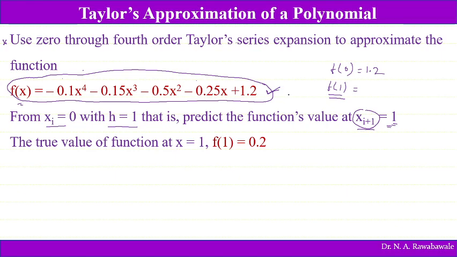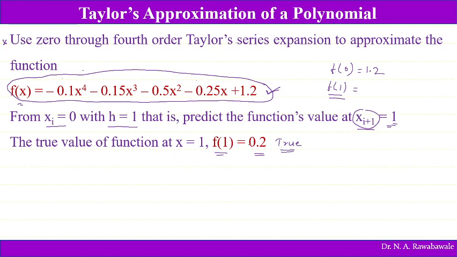If we do not know this function, then it is impossible. But he says that the true value of the function at x is equal to 1, that is f of 1, is 0.2. He is giving us the function value f of 1 as 0.2, which is the true value.